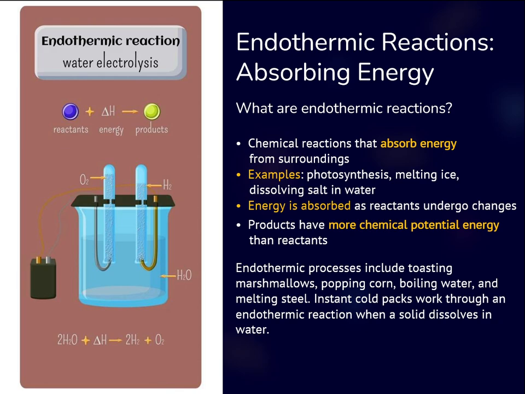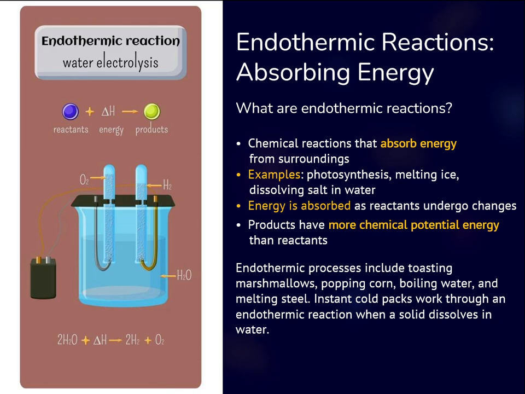Now for the endothermic reactions. These endothermic reactions absorb energy from their surroundings. In these cases, the products have more chemical potential energy than the reactants, because energy was added into the system.